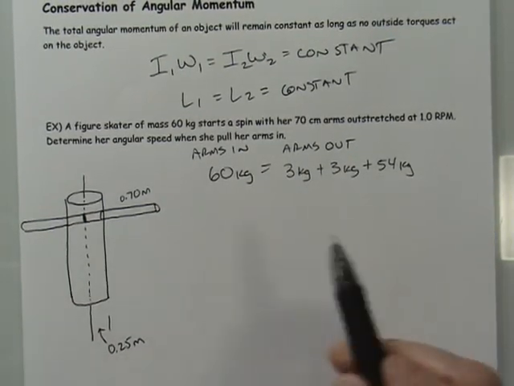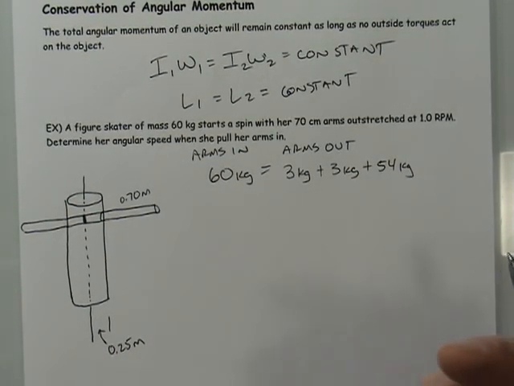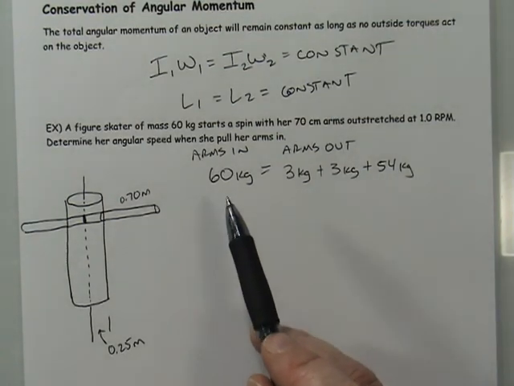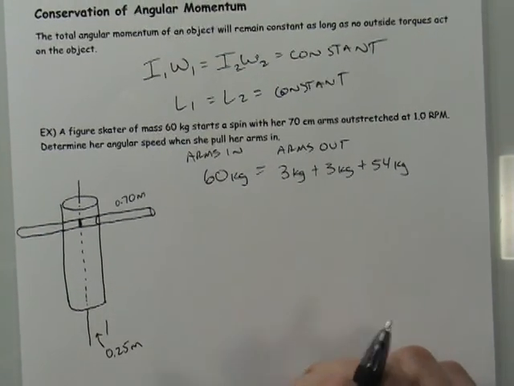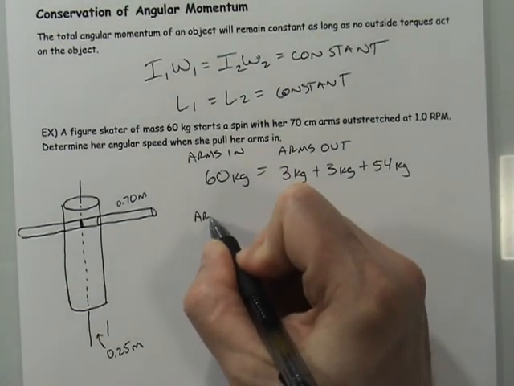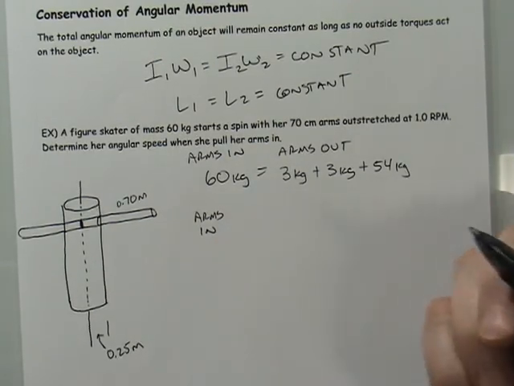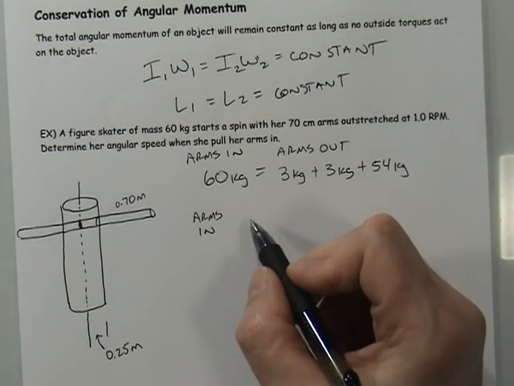Okay, so arms in, arms out, and we're going to calculate first of all the moment of inertia. This is the important thing. We need the moment of inertia for when their arms are in. We need the moment of inertia for when their arms are out. So let's start first of all with arms in. So when your arms are in, it's a pretty simple calculation. It's a simple cylinder. You're going to pull your arms in so they're flat and become part of the cylinder.